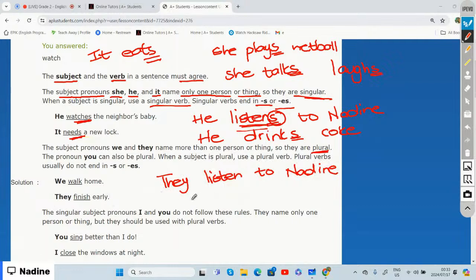They, we, which refers to yourself as well as somebody else, we dance to the music, right? No S. And that is basically how we can use our plural subject that refers to more than one person or thing doing something, right?